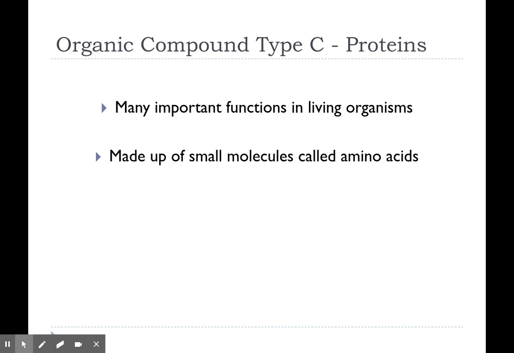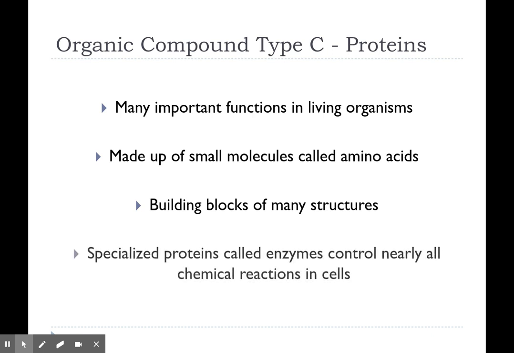Because proteins are molecules made out of other molecules that have been connected, proteins are also very, very large molecules. Proteins have the job of being building blocks of many, many structures inside a cell, but they also control chemical reactions. There's a category of proteins called enzymes, and enzymes are responsible for nearly every chemical reaction that happens in a cell.